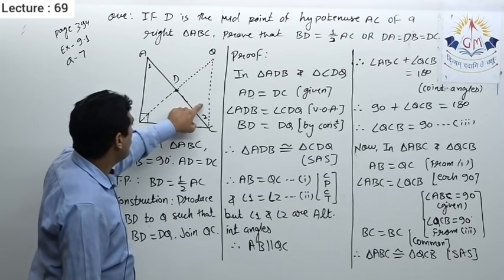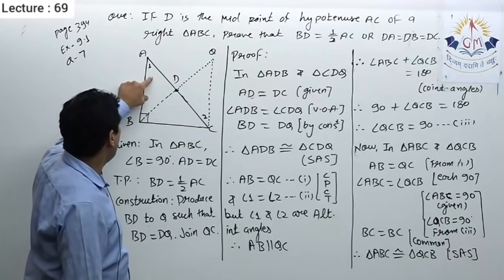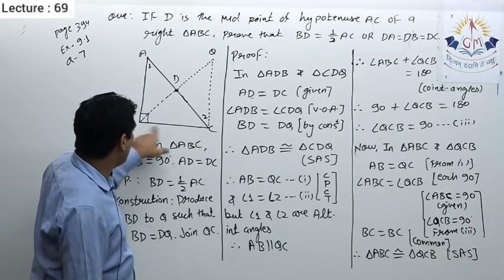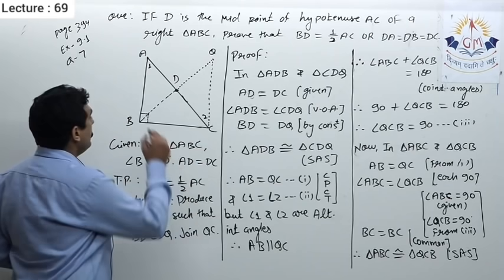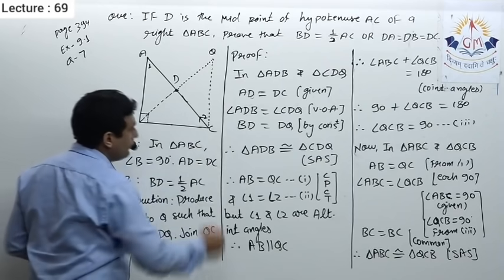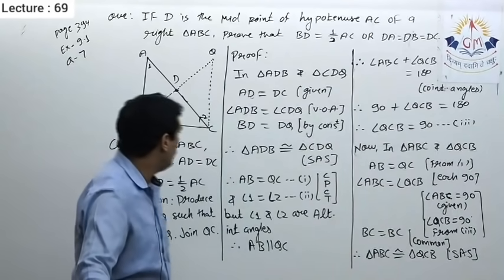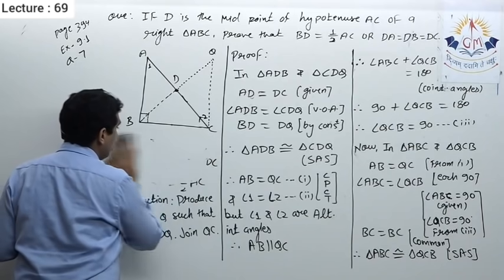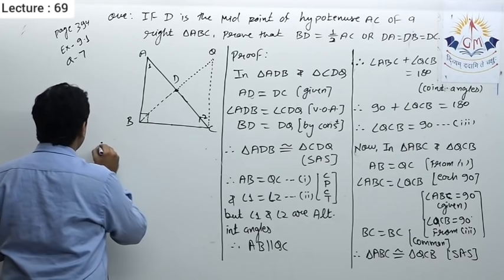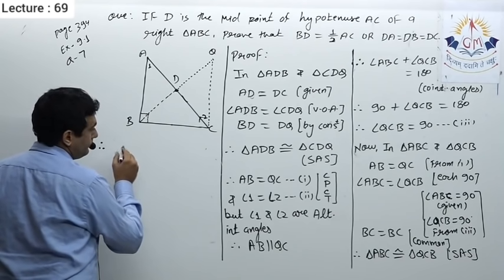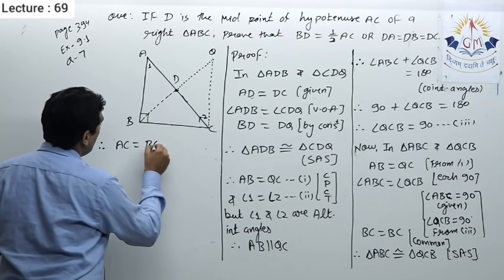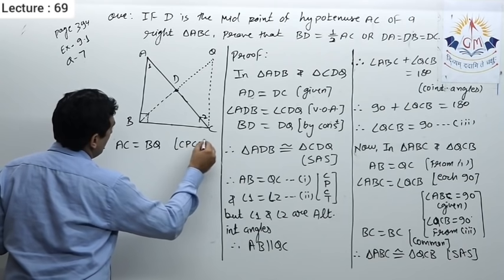As angle 1 equals angle 2 and they are alternate interior angles, I got AB parallel to QC. Then I got the measure of BCQ, which is 90 degrees, and using this 90 degree angle, this common side, and AB equal to QC, I proved triangle ABC is congruent to triangle QCB. Therefore AC is equal to BQ by CPCT.